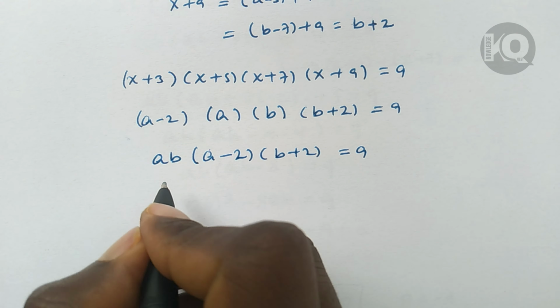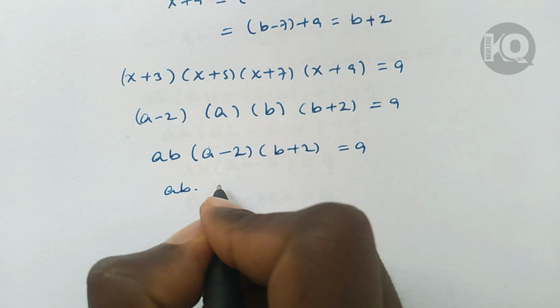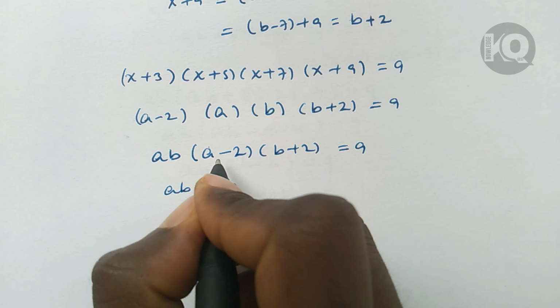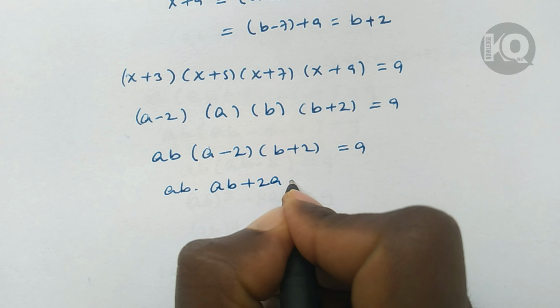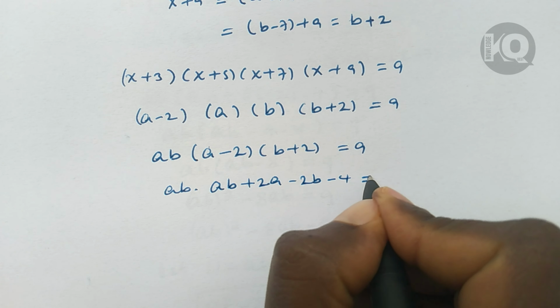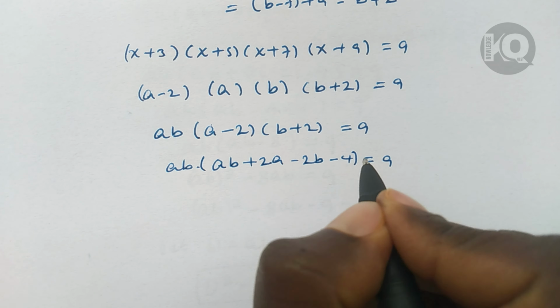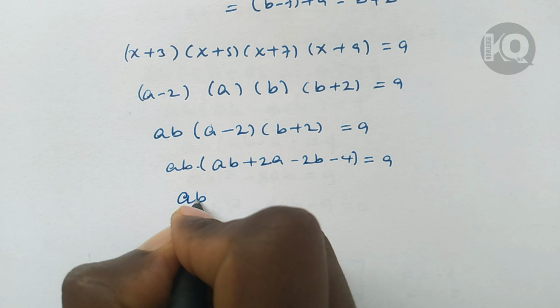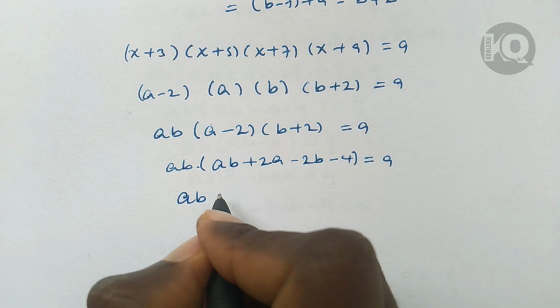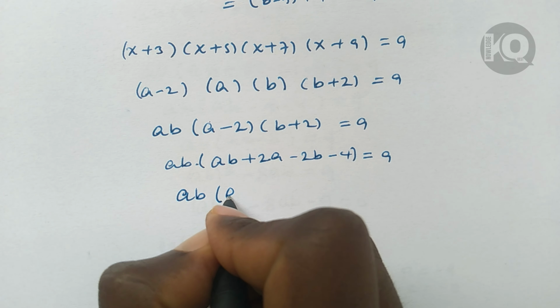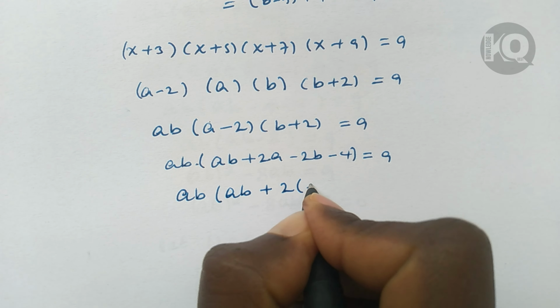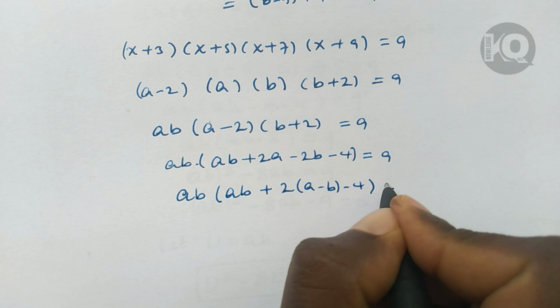Then multiply this one. This will be ab times ab plus 2a minus 2b minus 4 is equal to 9. Then this will be ab times ab plus 2 times a minus b minus 4 is equal to 9.